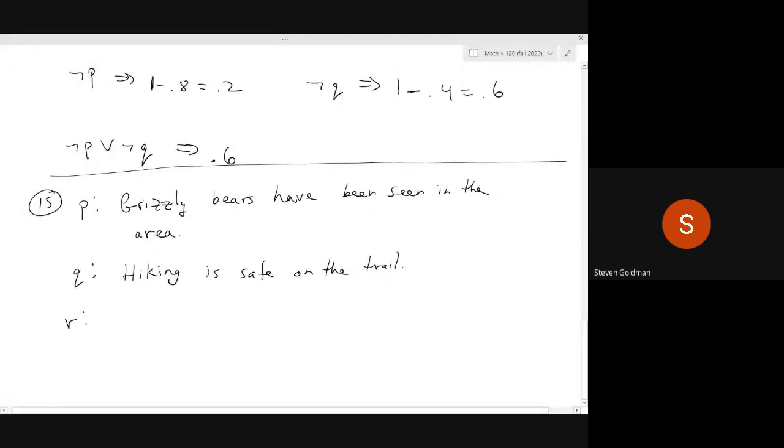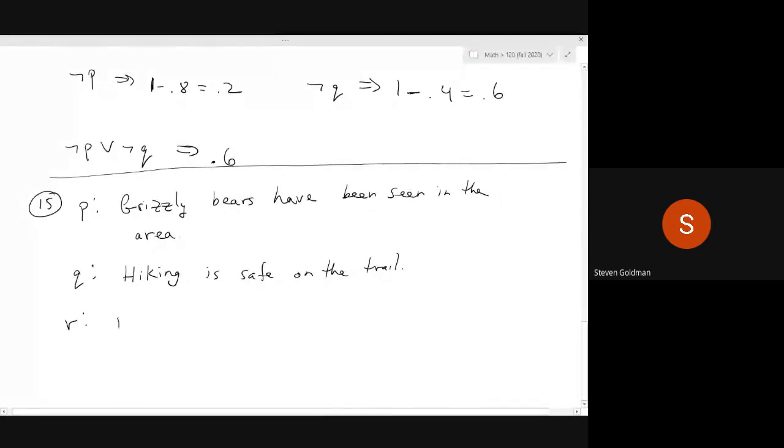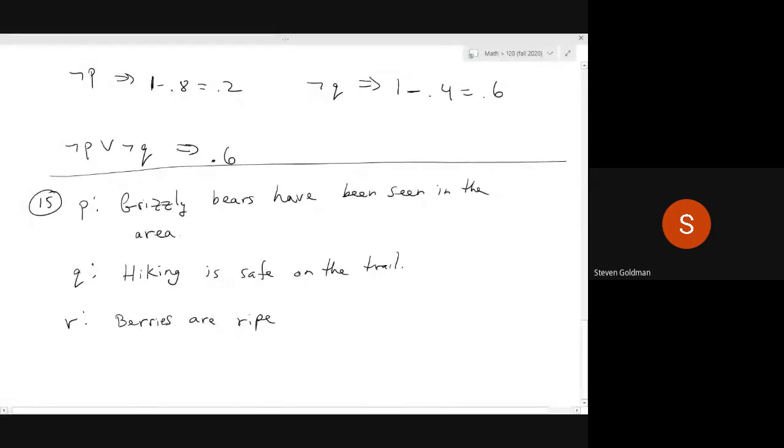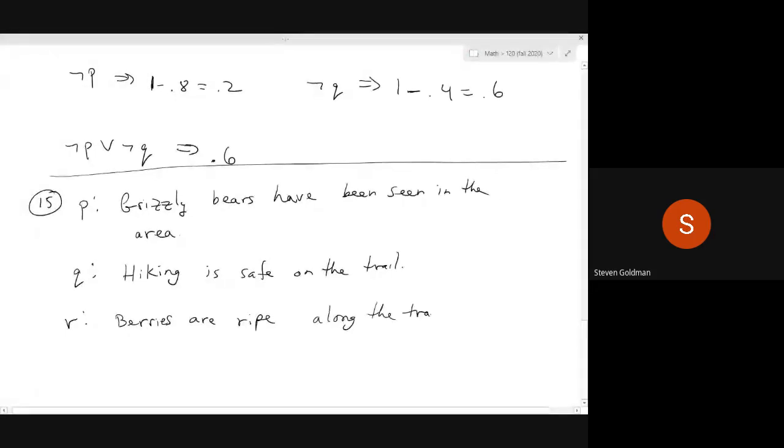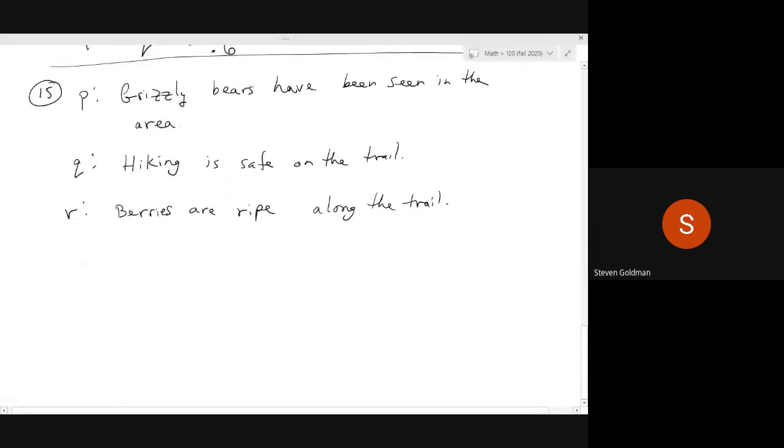R is the proposition berries are ripe along the trail. Okay, so we're asked to write the following propositions using P, Q, and R and logical connectives, including negations.